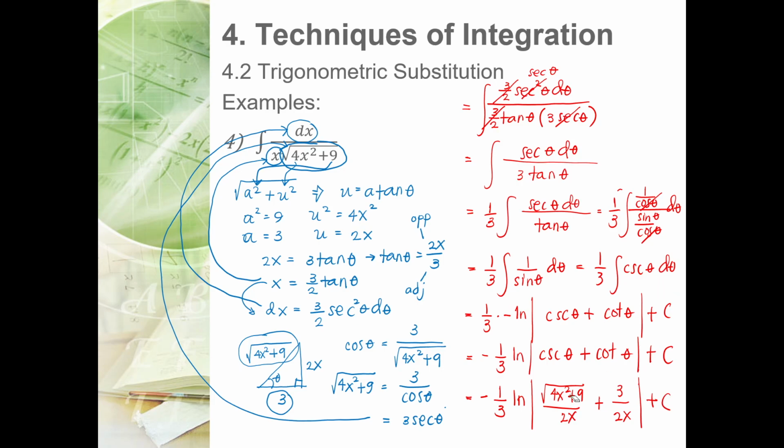So for the final answer, let's add it here: plus 3 all over 2x. So this is the final answer.